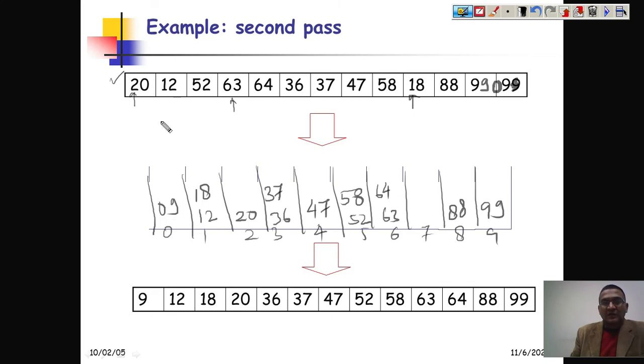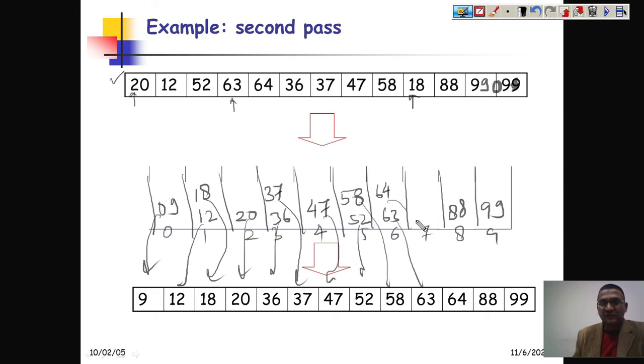Now we have already read all these numbers which are in the buckets. Now we will again bring this back and place it back into our original array. So this is our array, so we will bring it back. So we'll get 9, 12, 18, 20, 36, 37, 47, 52, 58, 63, 64, 88, 99.